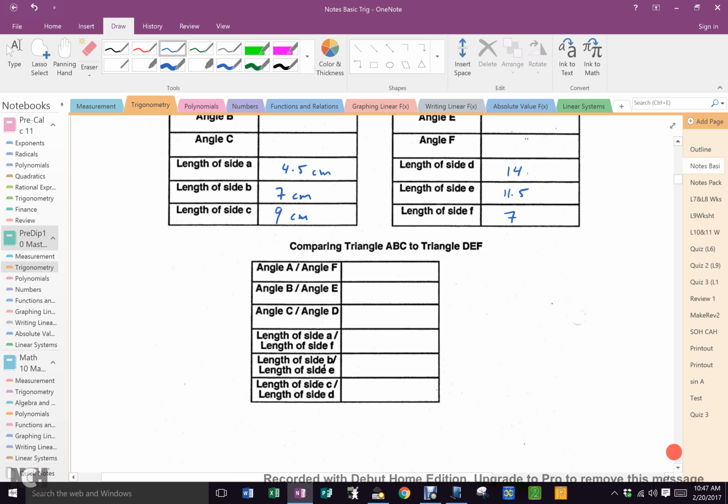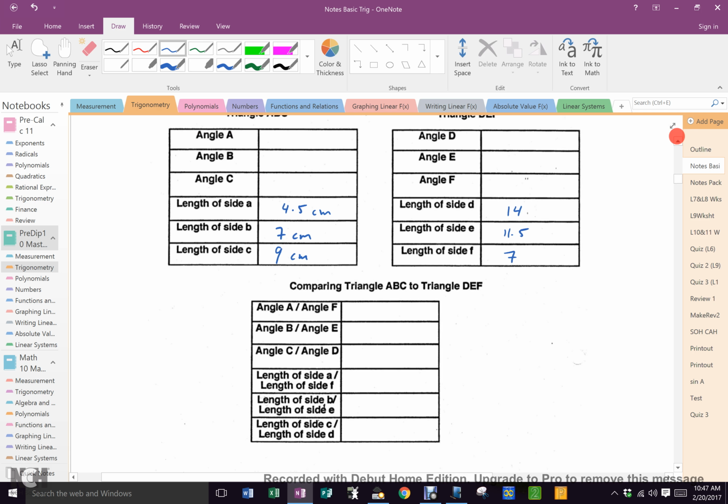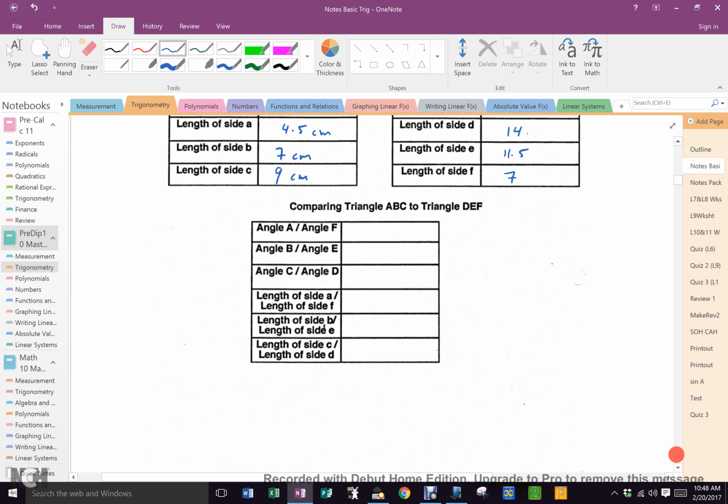Now, rather than get you to get out protractors, I'm going to tell you that the angles are all the same. Angle A equals angle F, B equals E, and C equals D. You already know this, I hope. If I take side A and side F and divide them, I'm going to get a fraction, yes?